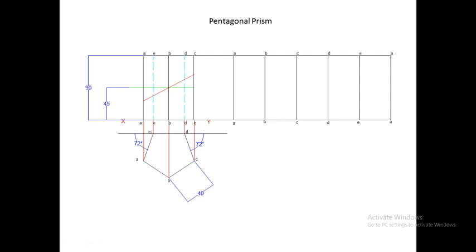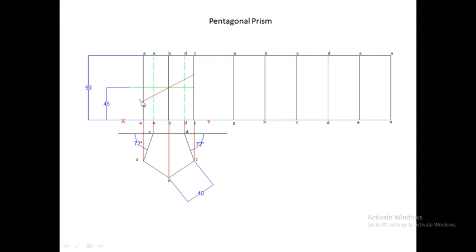Now we will mark the points of intersection. Again, points of intersection will be those points where this section plane cuts the vertical edges. So this section plane cuts vertical edges A to A, E to E, B to B, D to D and C to C. Since it is cutting the 5 vertical edges, we will get 5 points of intersection. We will mark the points of intersection one by one.